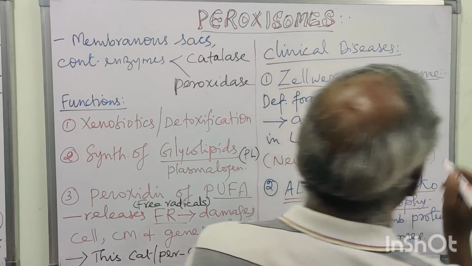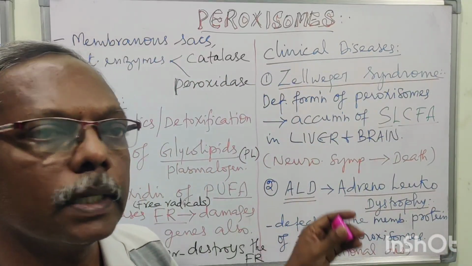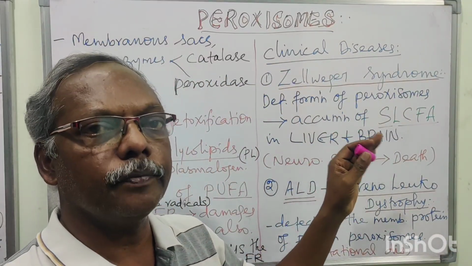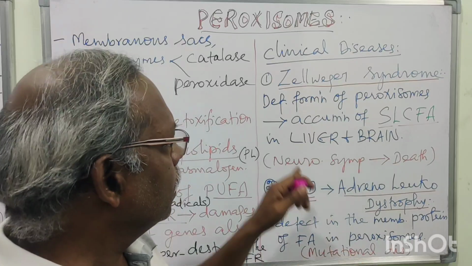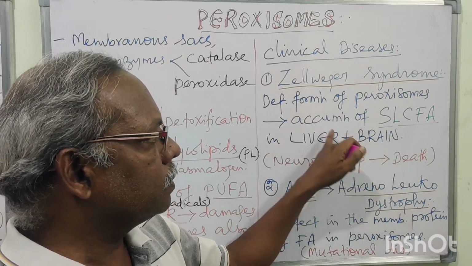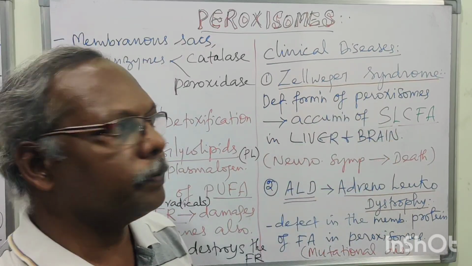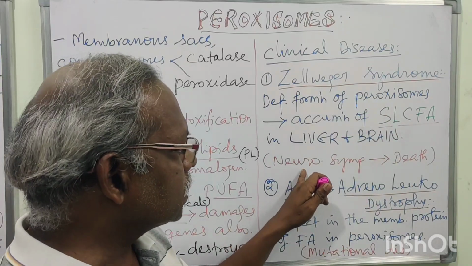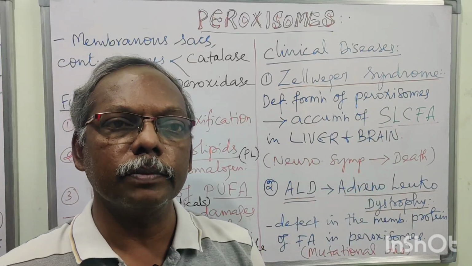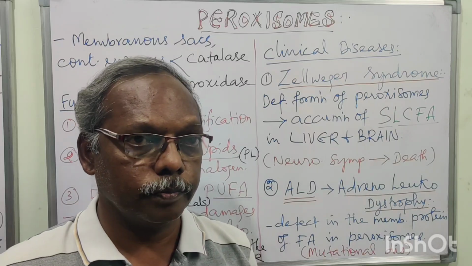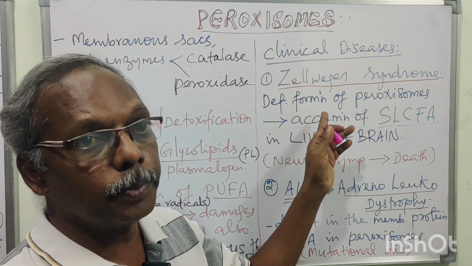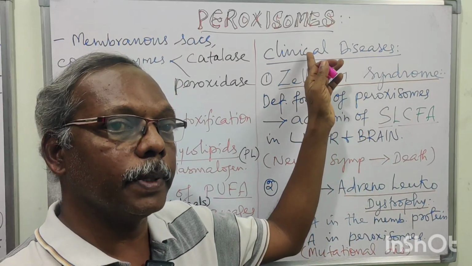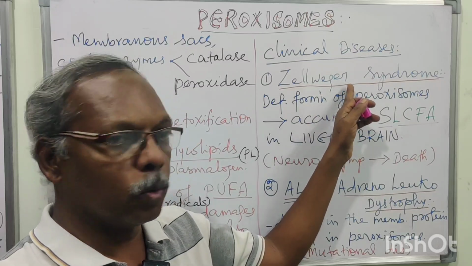S means saturated, LC means long chain, FA means fatty acid. There is accumulation in the liver and brain due to defective peroxisomes, right? So they will go for neurological symptoms and sometimes death also. That is why Zellweger syndrome is a very, very important clinical disorder involved in peroxisomes.